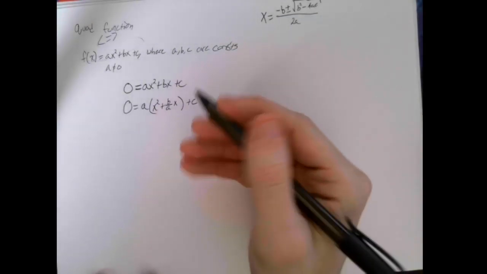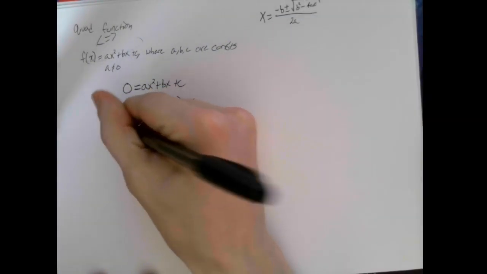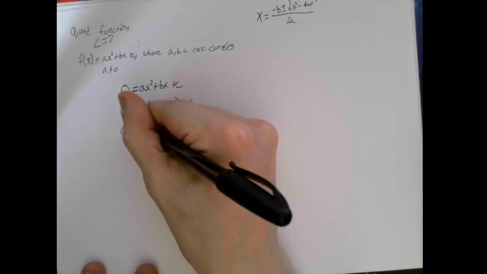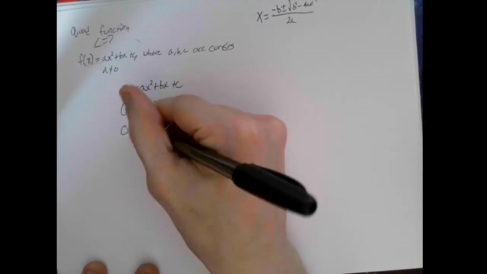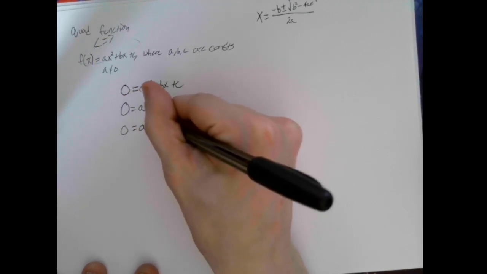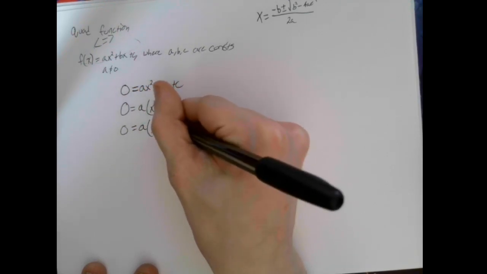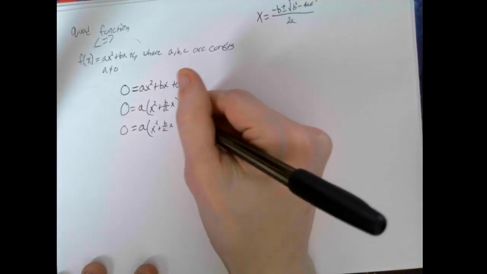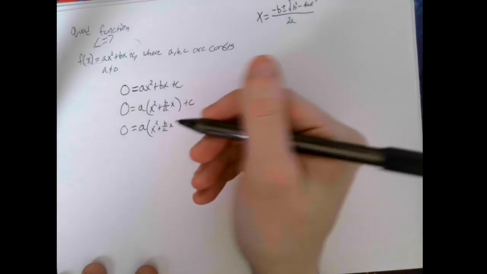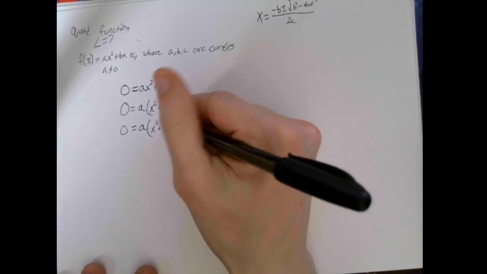So from here, let's simplify this portion, right? We want to continue completing the square. So we have a times x squared plus b over a times x. And we know to get the c term inside the parentheses, we have to divide b over a, which is the b term, by 2, and then square it.